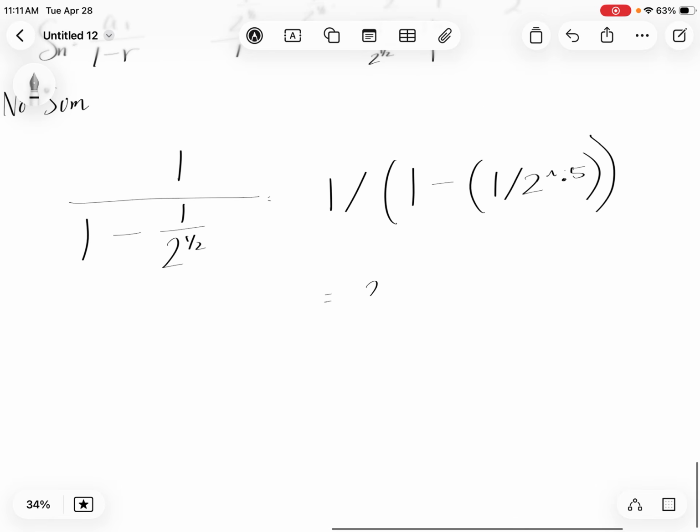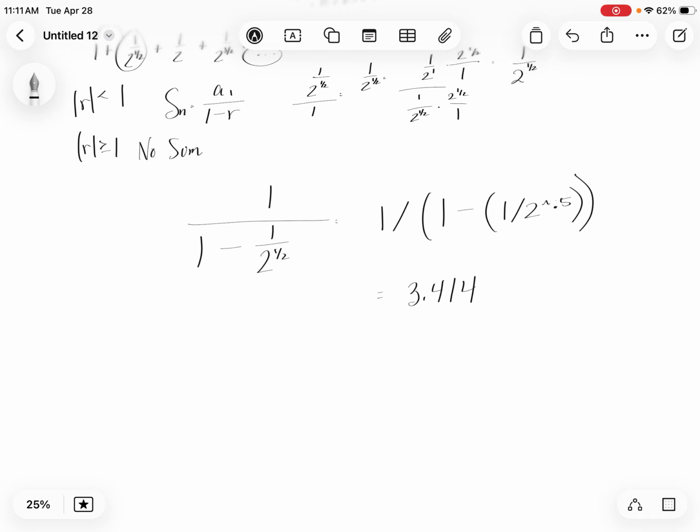And I end up with approximately 3.414, which I'll frac just to see, but it doesn't come out. So that's number 9.